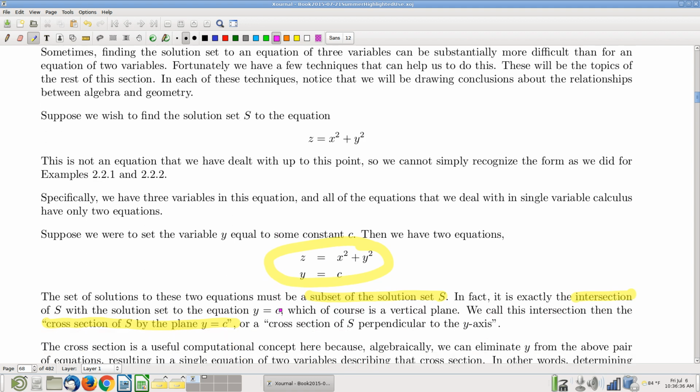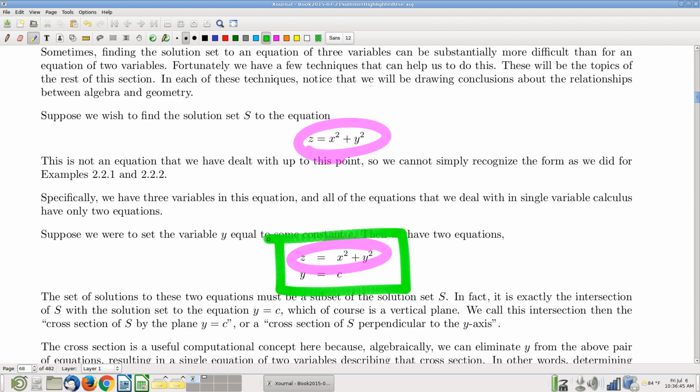Let's take this equation and say, what if I require a point not only to satisfy that equation, but I furthermore require that the y-coordinate be some number c? Now, am I allowed to do this? Yeah, it's a free country. I can do whatever I want to do.